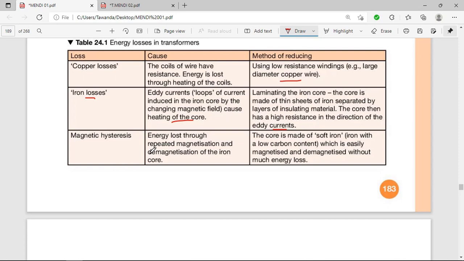Then we also have what we call the magnetic hysteresis. It's energy lost through repeated magnetization and demagnetization of the iron core.